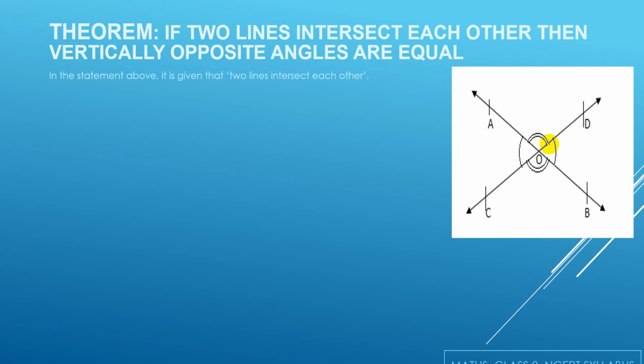Now, we were talking about vertically opposite angles. Are you clear with what vertically opposite angles are? Now, we will prove that these vertically opposite angles are equal to each other.